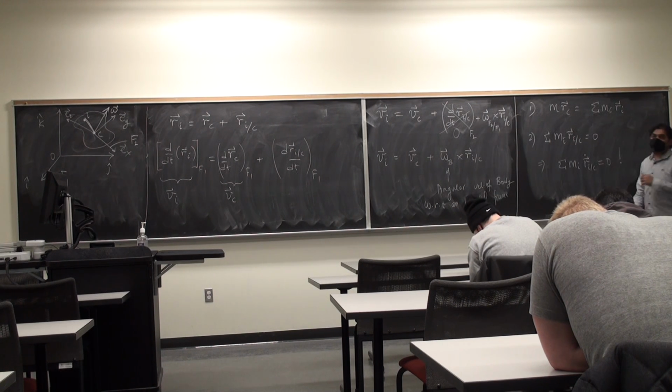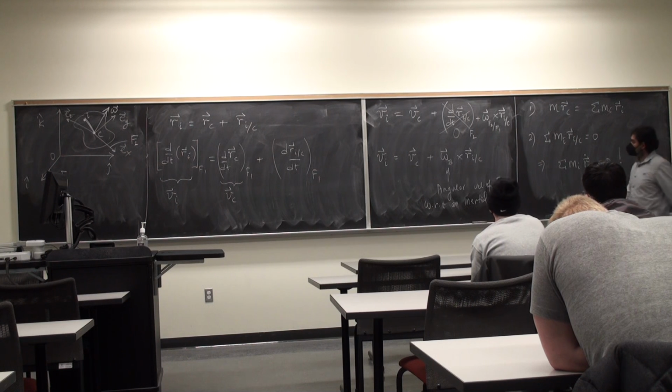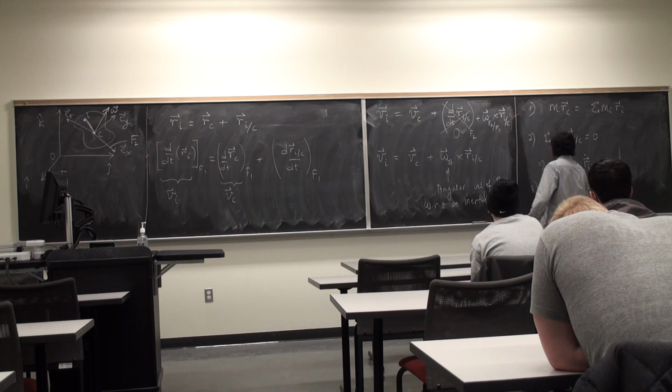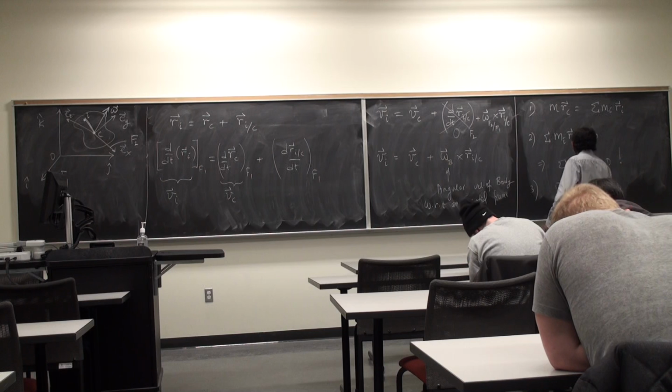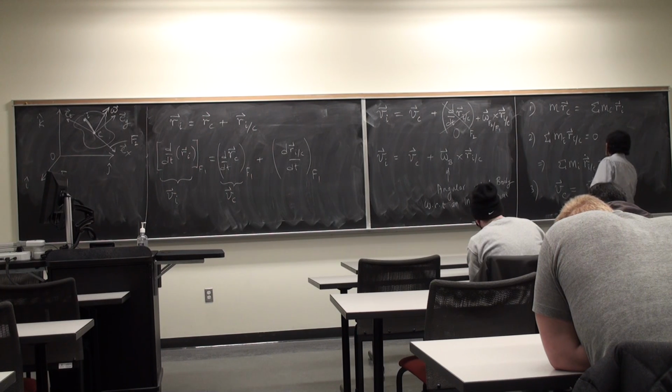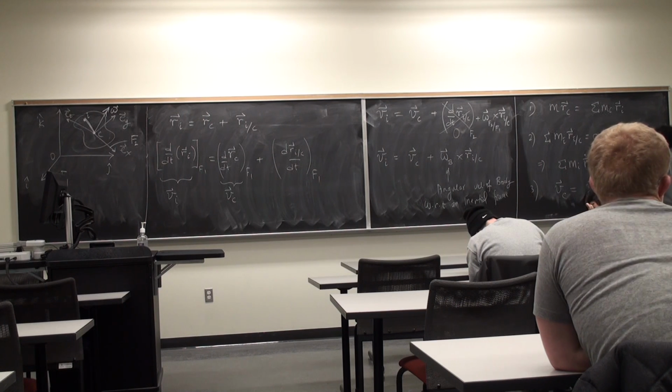And this is the third equation I'm going to use in my grouping here. So we say VI is VC plus omega of the body cross r.